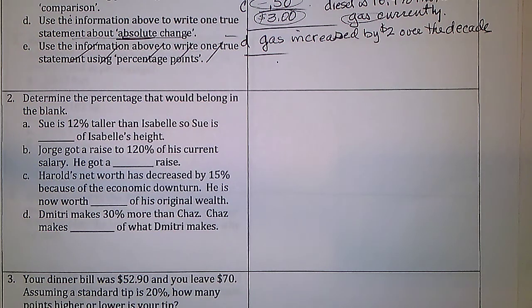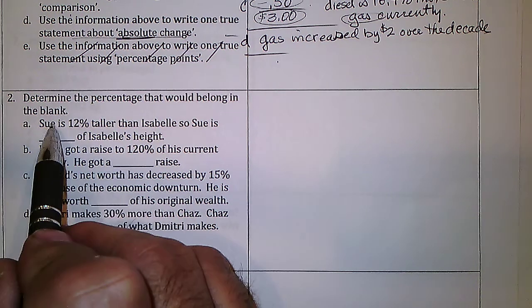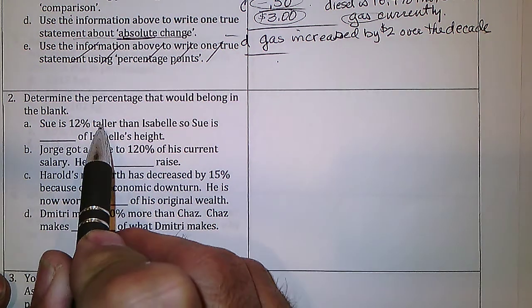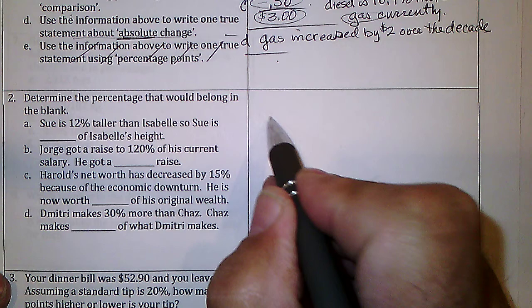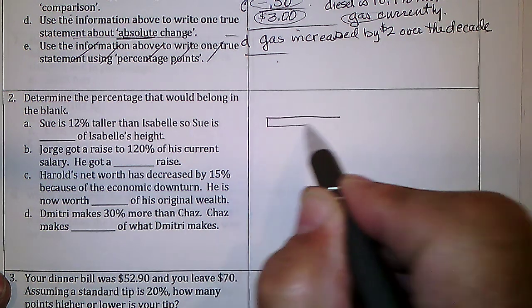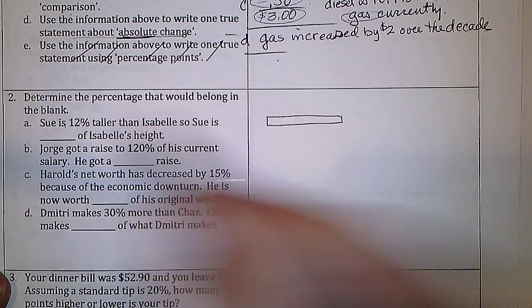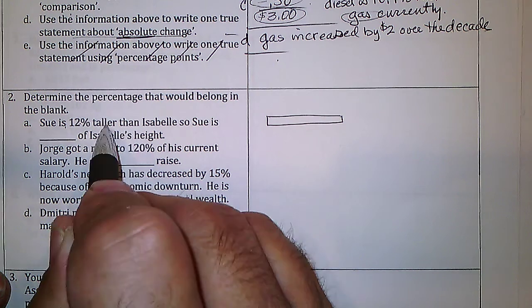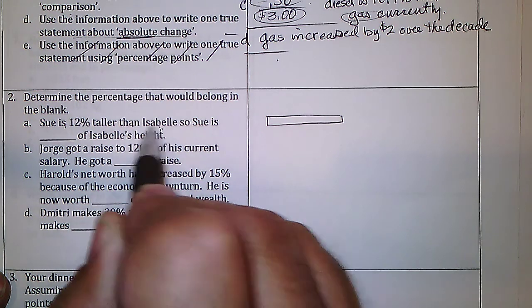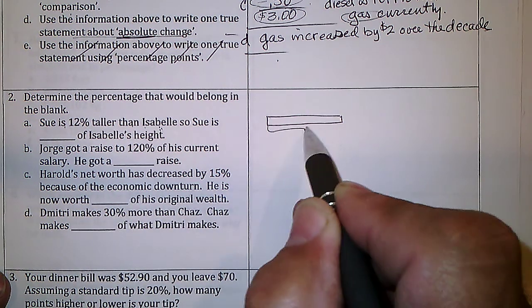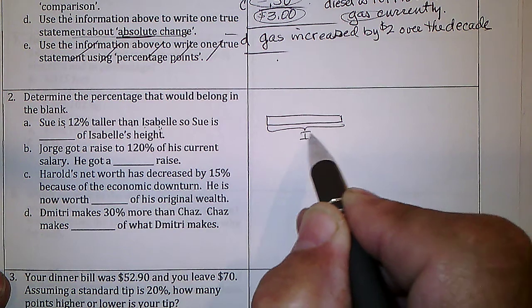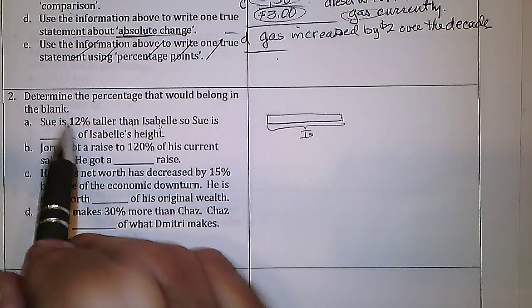Okay, determine the percentage that would belong in the blank. Sue is 12% taller than Isabel. So Isabel's some height, and Sue is 12% taller than Isabel. So Isabel's the reference. So this is Isabel's height, and Sue is 12% more.